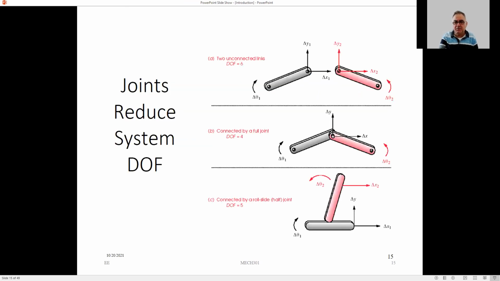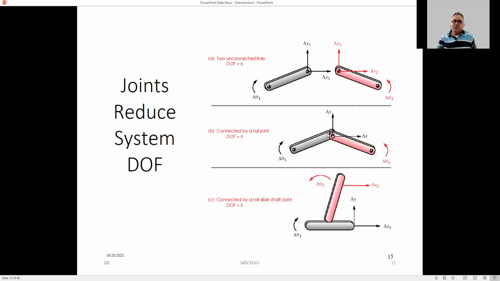It means, for example, in order to determine the relative position of this pink joint with respect to this gray joint, you need only one parameter, and that will be delta theta 2.